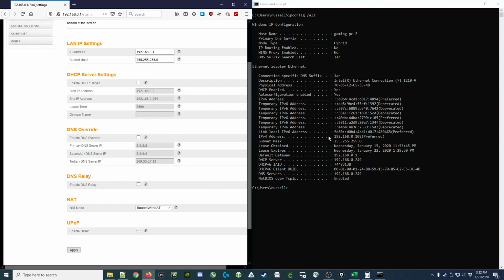So we come back over here, you can see that the lease was obtained January 15th, 2020 around noon, and that expires about 7 days later. And you can see I didn't actually get my IP address from this DHCP server, otherwise it would only be good for 3600 seconds.